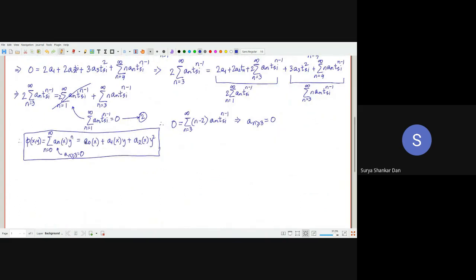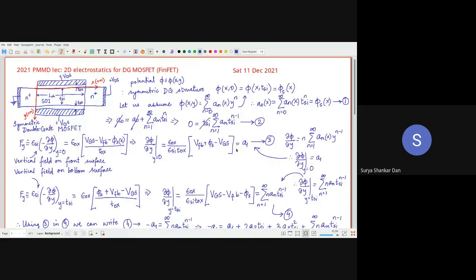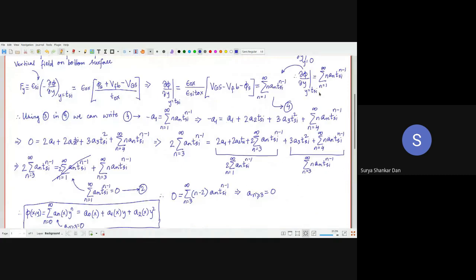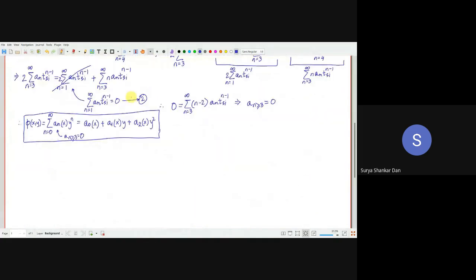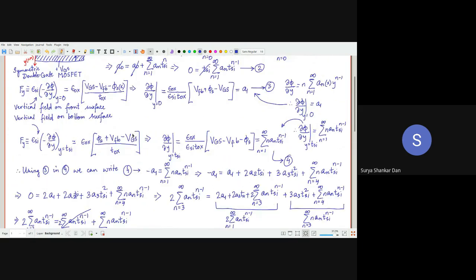All right. So what are the values of A0, A1 and A2? A0 is already obtained in equation 1. I'll put it like this. Equation 1 gives us A0 is nothing but the surface potential phi s of x. Okay. What is A1? Where is A1?